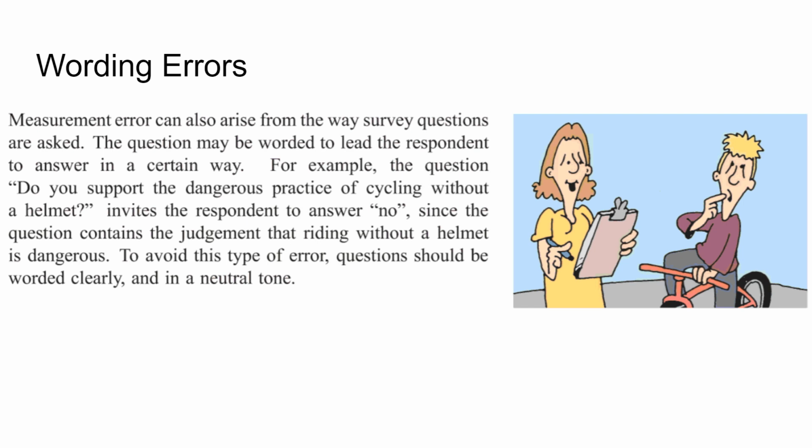All right. So how can we avoid that? We can avoid this by making sure questions are worded clearly with a neutral tone. We also want to make sure that the language used in the questions is not too technical for the person who might not have as much understanding about what's happening in that particular question.